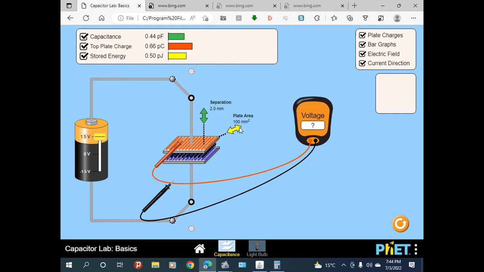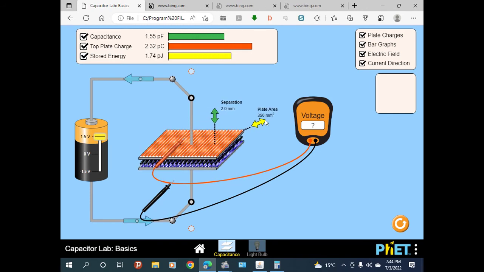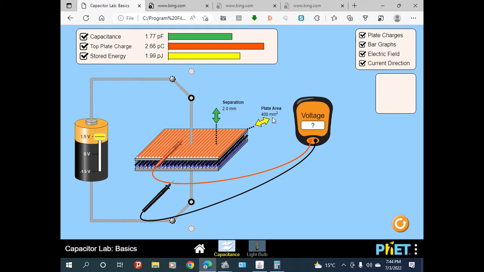When increasing the plate area, the capacitance of a capacitor increases, which means the capacitance is directly proportional to the plate area of a capacitor.